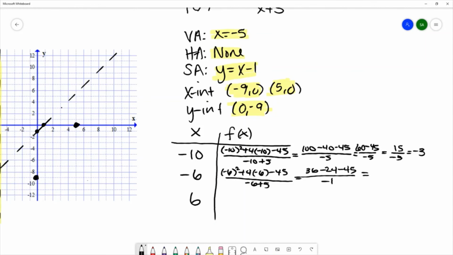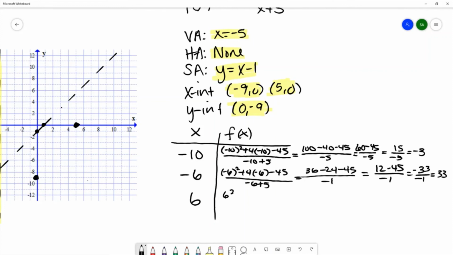So we have 36 minus 24 is 12. 12 minus 45 is -33. And -33 over -1 is a +33. Okay, let's do one more.